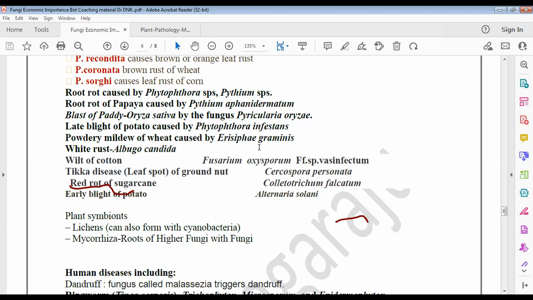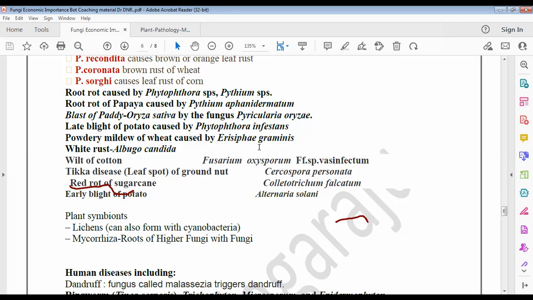You forgot, huh? Anyone? What is the perfect stage? Don't you know? Mycosphaerella, I already told you.